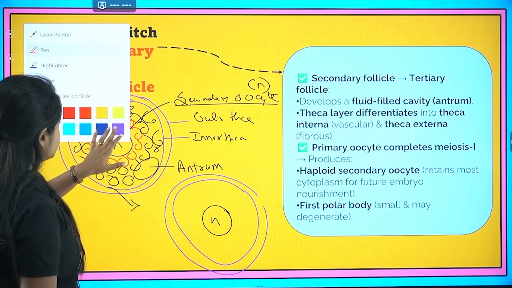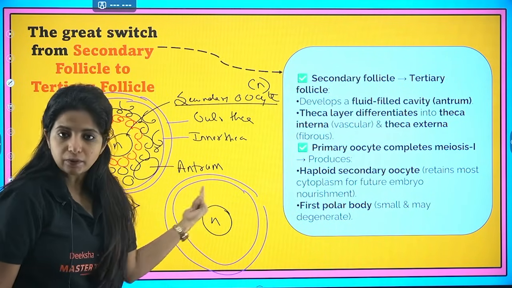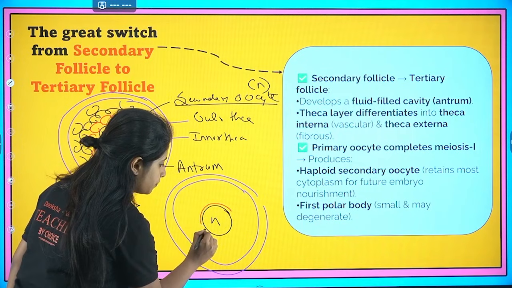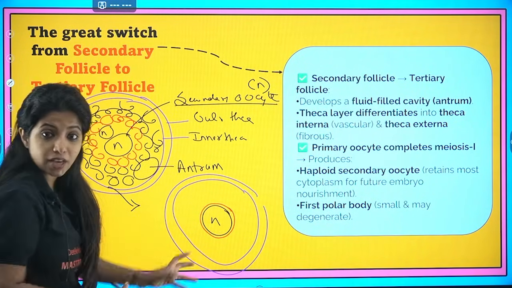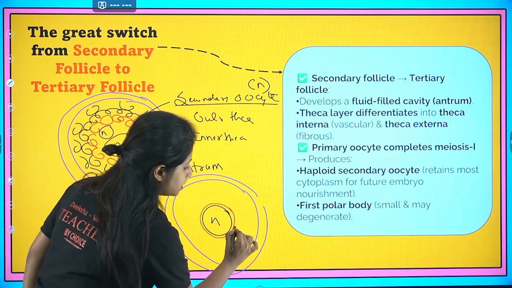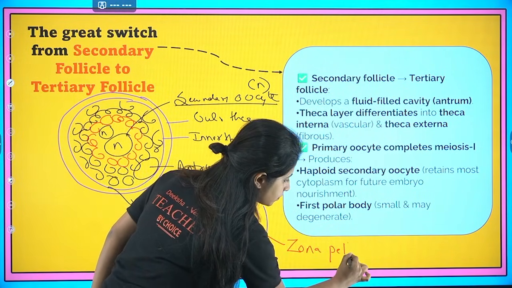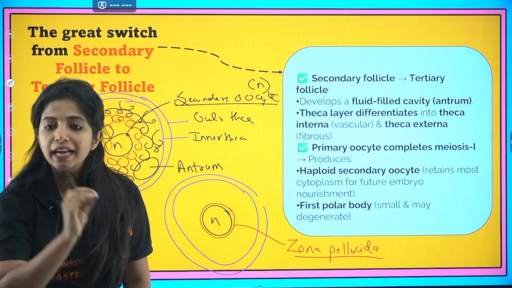Now, my dear children, the change that is going to happen starts from here. The secondary oocyte is going to make one layer around it. It's very important. This time every change is happening more inside. This layer is known as the zona pellucida. And you know what? It is not made up of any cells.